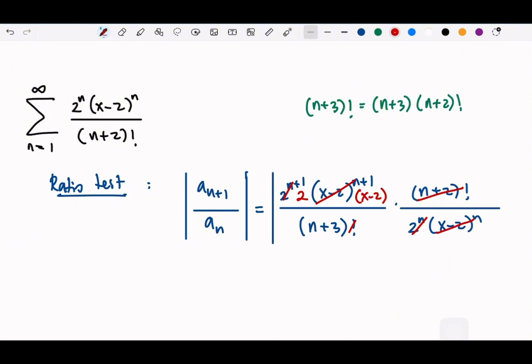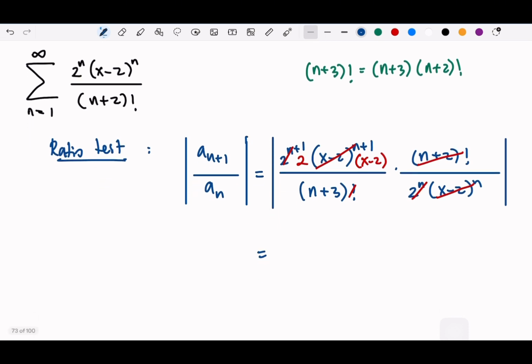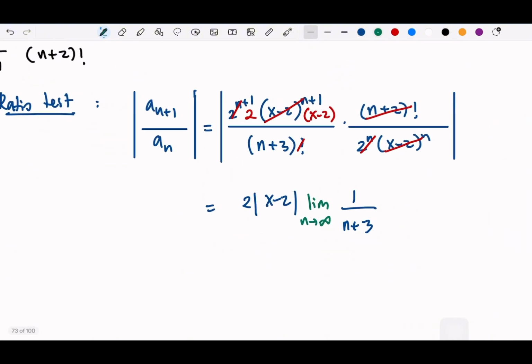Okay. So we are left with 2 times x minus 2 and then 1 over n plus 3, which I will take the limit. Or this is, I will just make sure that this is still in the absolute value first. And the limit will be just equal to 0, right?